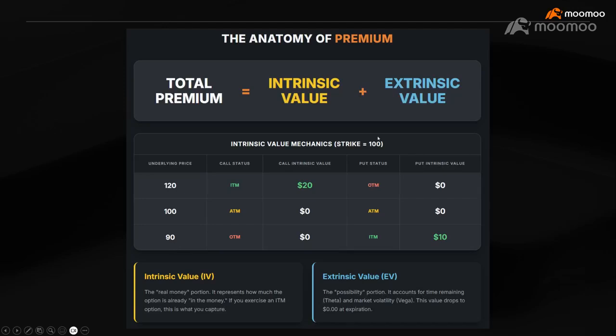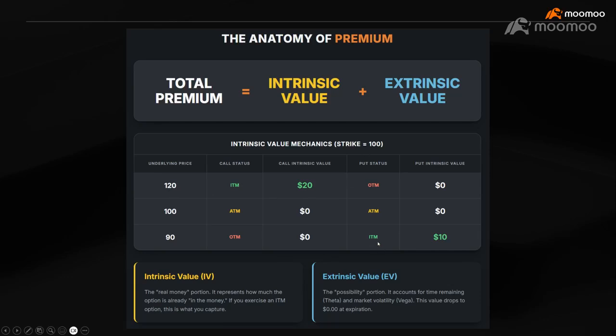Okay, remember the intrinsic and extrinsic value from chapter 1. If your strike price is $100 and the underlying price is trading at $120, you are in the money. How much intrinsic value do you have? $20. Basically the underlying price minus your strike price.